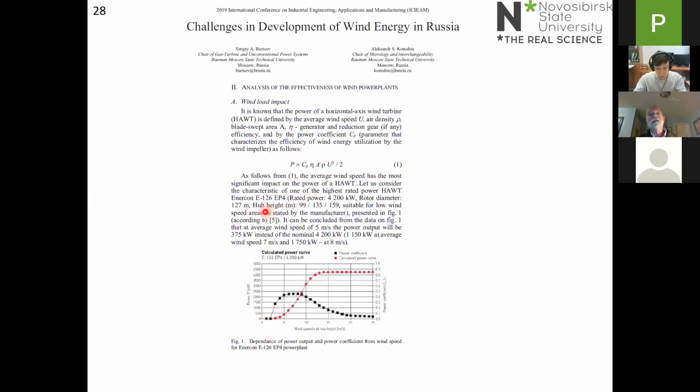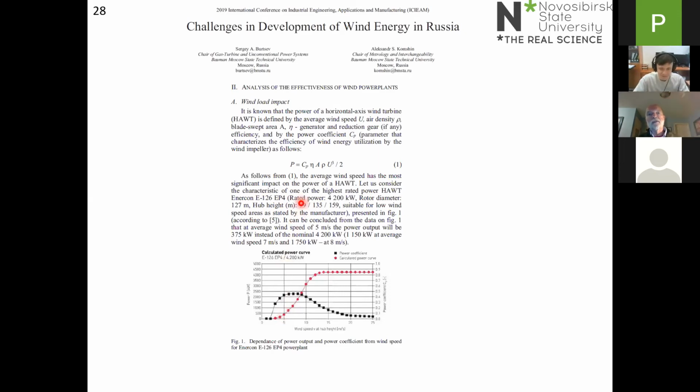And if you read this article here, they say if you have an average wind speed of 5 meters per second, then you will get something like 375 kilowatts. Now, I'm going to tell you that's wrong.